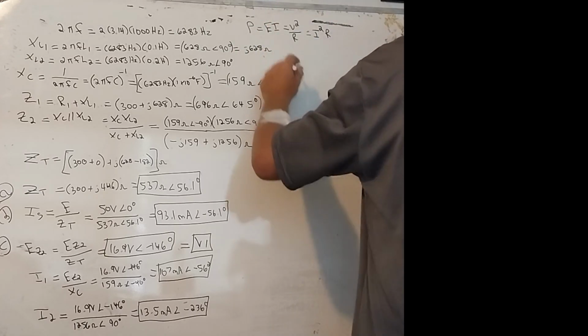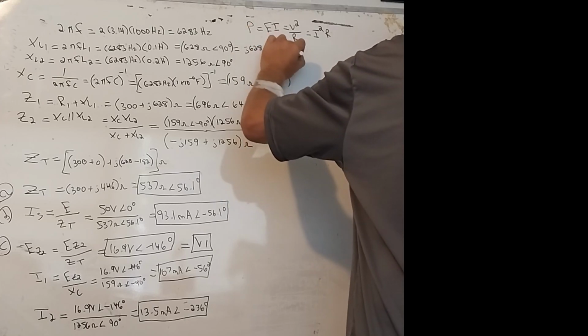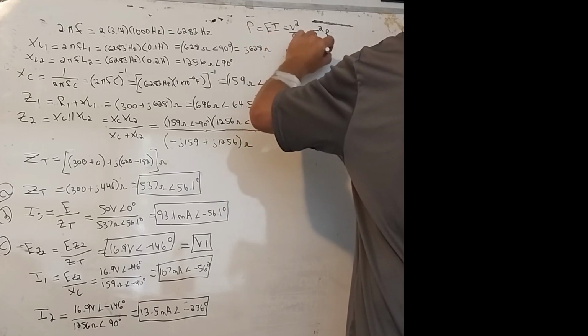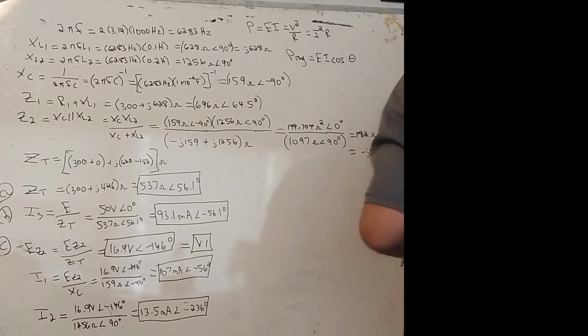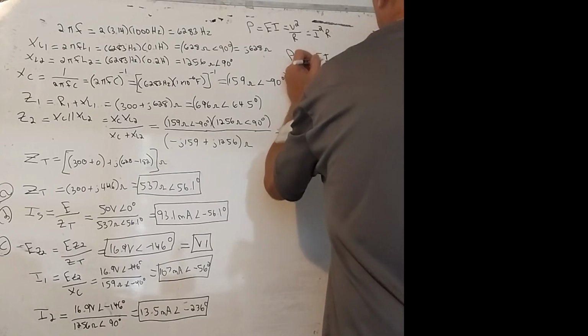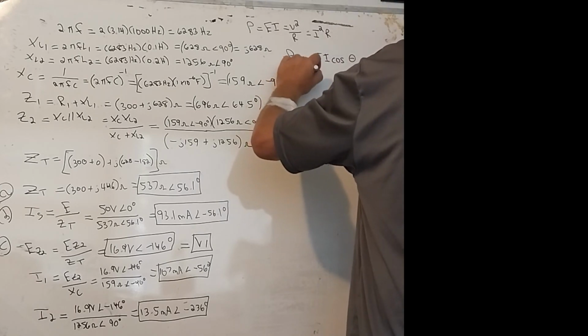Same relationship here. But we're talking about average power, and that's EI times the cosine of the difference in the angles between the voltage and the current. Well, we have that already. We got the total current, and we know what total voltage is.